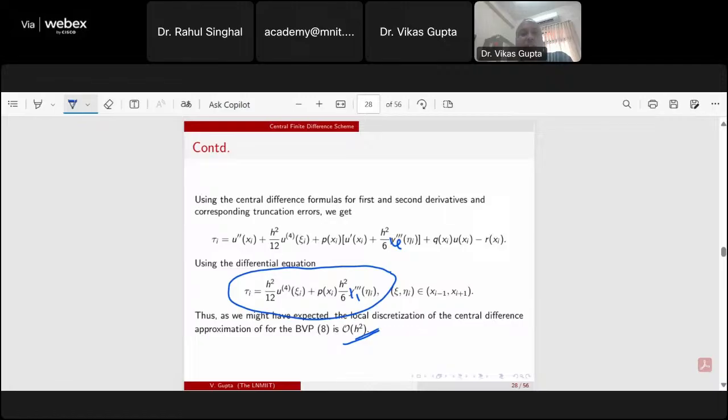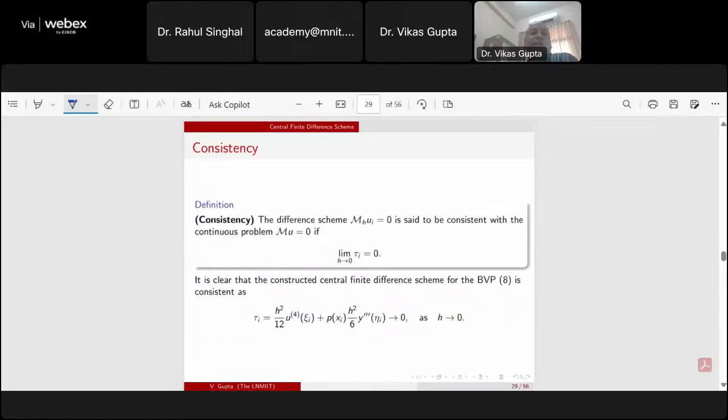Now, let me define the consistency, what we mean by the consistency of a finite difference scheme. The difference scheme M_h u_i equal to 0 is said to be consistent with the continuous problem Mu equal to 0 if the truncation error term approaches 0 as h approaches 0.